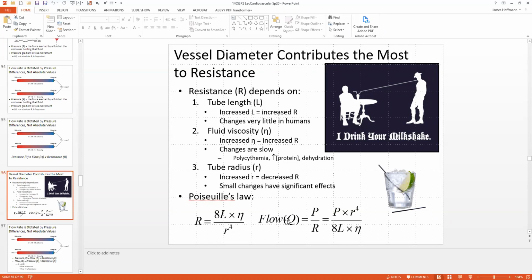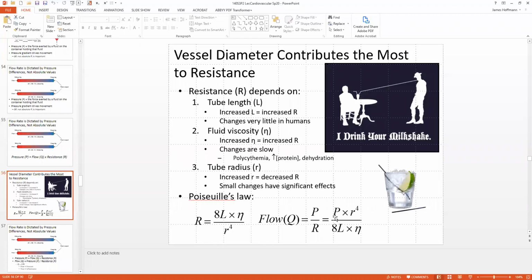If I want to put that into a real physiological formula, I can take the resistance from Poiseuille's law, 8LN over R to the fourth, and replace it in the flow equation on the right side. But notice R's on the top on the left side, R's on the bottom on the right side, so to make this equivalent I have to flip Poiseuille's law.